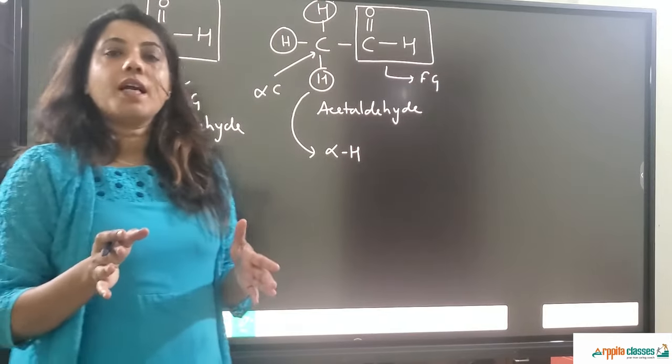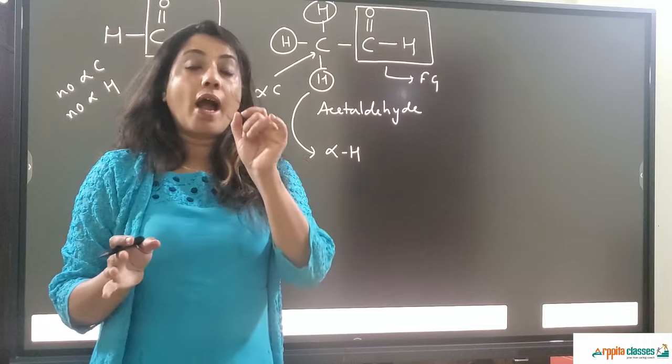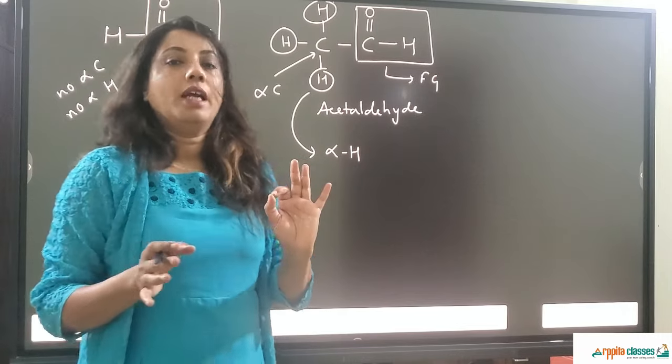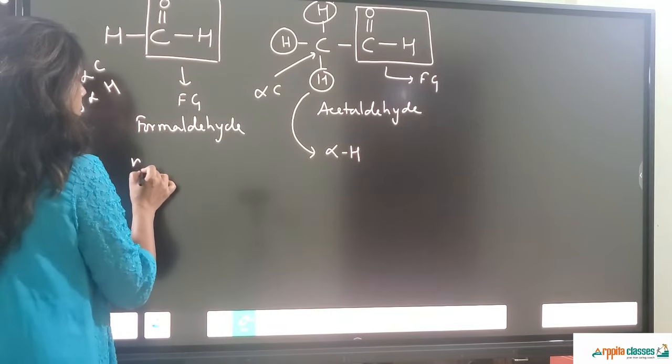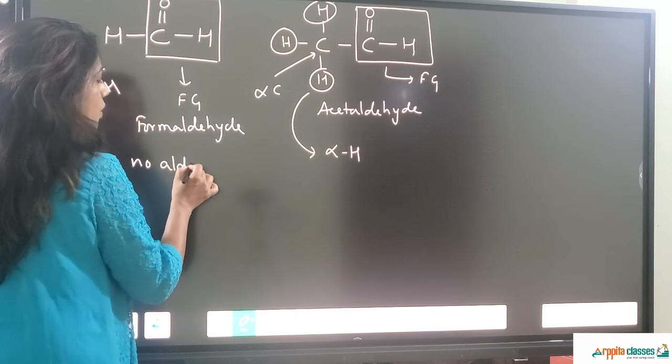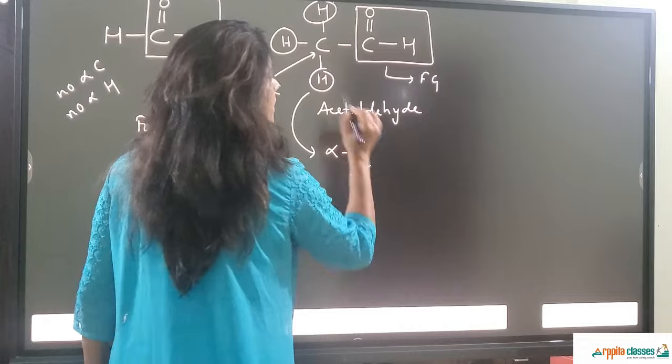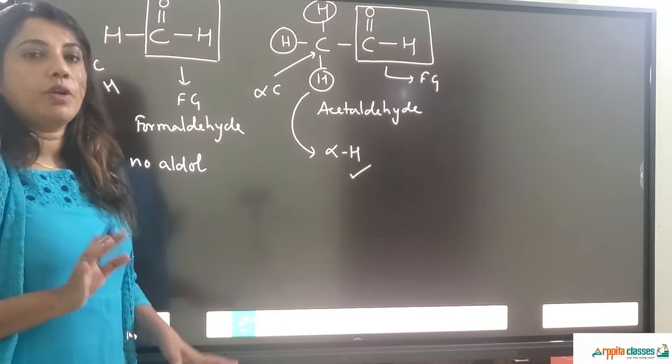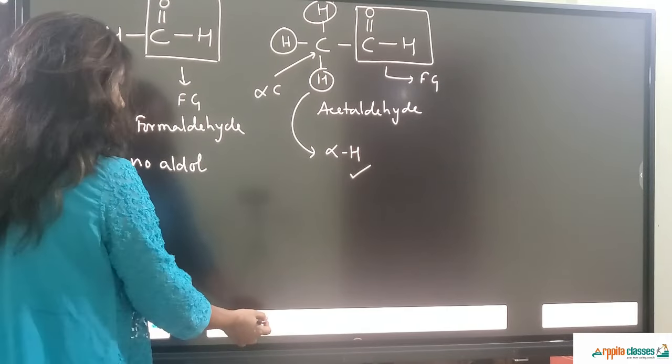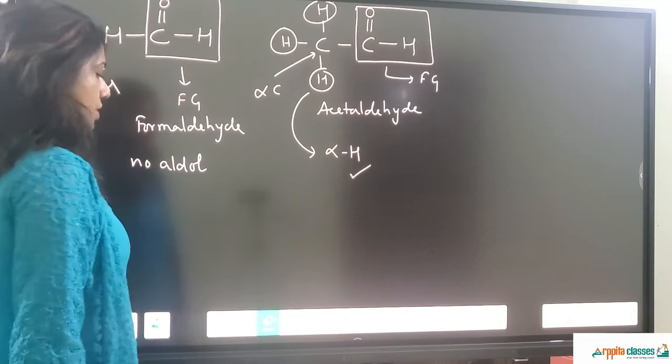So for aldol condensation, the main criterion is that you have to have alpha hydrogen. That means this molecule will not show aldol condensation, whereas this will. First of all, you need to understand this.